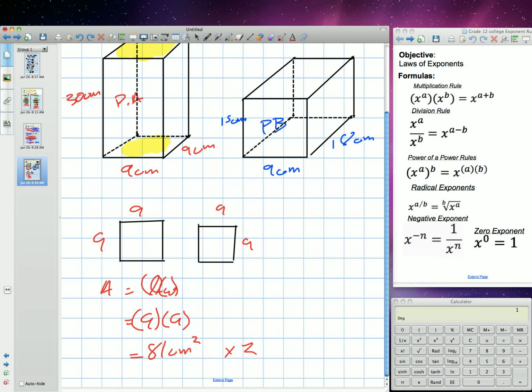Okay, these faces all have the same length. They're all going to be 30 by 9. How many faces are going to be like that? 4 of them. Okay, so the area of the other faces, both going to be length times width. On those ones, I'll do one example for this.